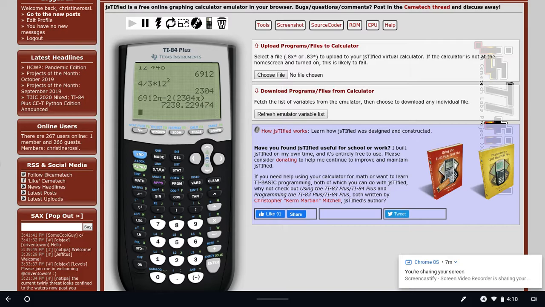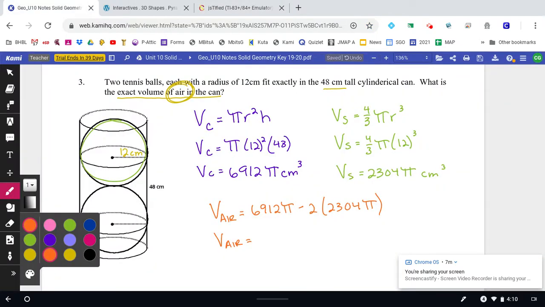Oh, shoot, it said exact volume, silly me. If it wants exact volume, I have to take out the pi's. Oh, silly me, so take out those pi's. There we go. And I get 2,304. So this is 2,304 pi centimeters cubed.